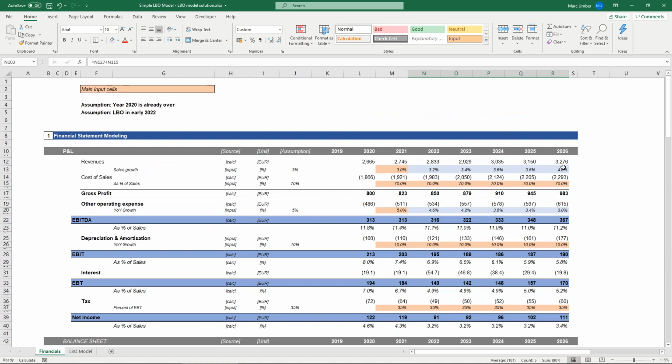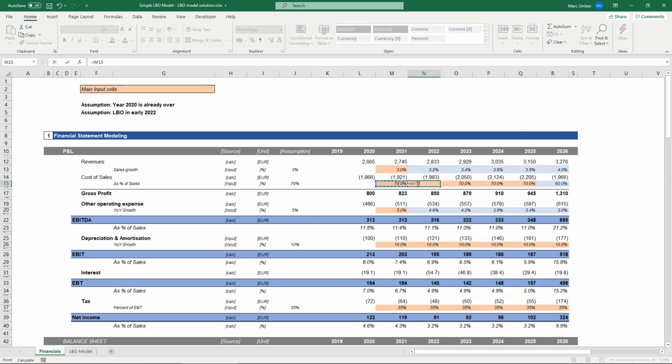We did look at an increase in the sales growth to 4%. We did look at a decrease in the operating expenses. We could also have a look at the cost of sales. This is a very typical way if we can renegotiate all the supply contracts. Let's assume that we can increase our margin by 10%. This would give us a target of 60%.